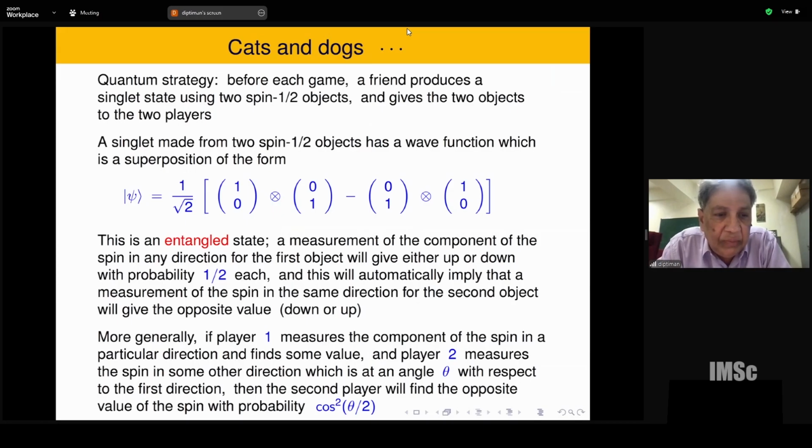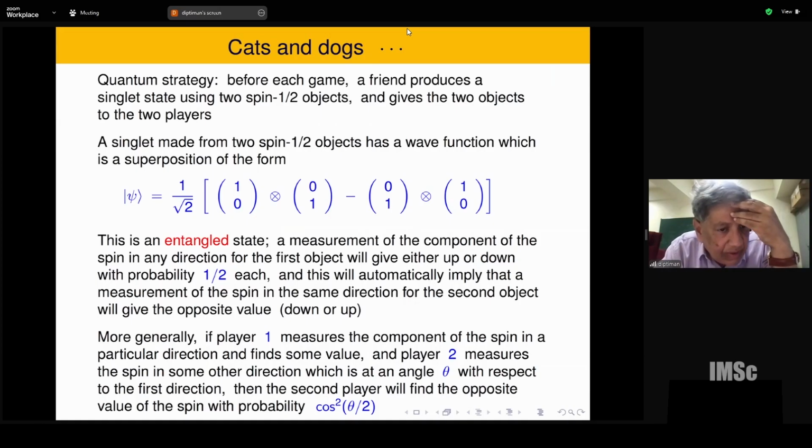A measurement of the component of the spin in any direction for the first object will give either up or down with probability half each. And as soon as player 1 knows what the component of the spin in any direction is for that player, the player immediately knows what is the component of the spin for the other player.